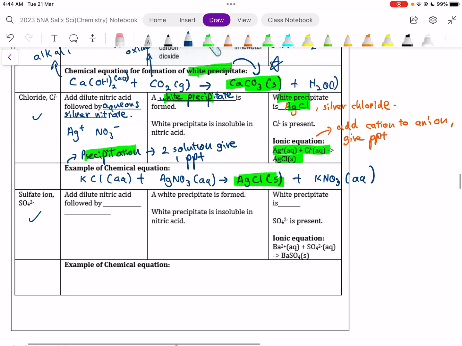Then next thing we have your sulfate test. The sulfate test is nitric acid followed by aqueous barium nitrate. In this case you also form a white precipitate, and the white precipitate is barium sulfate.